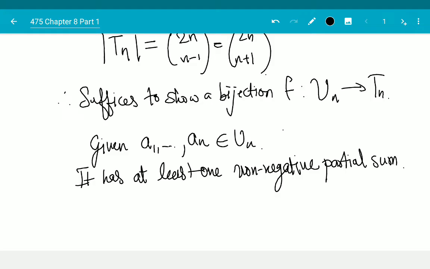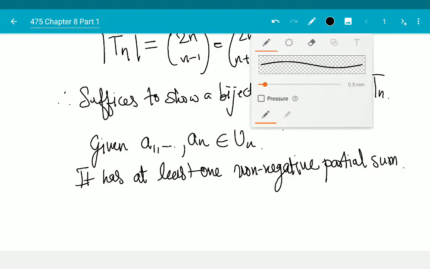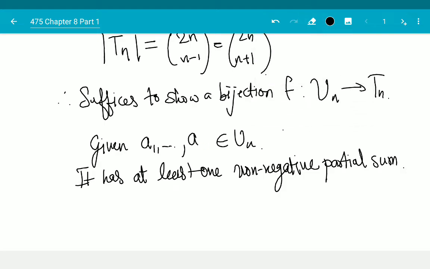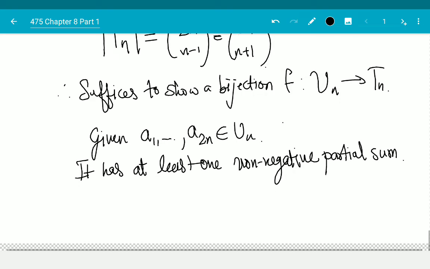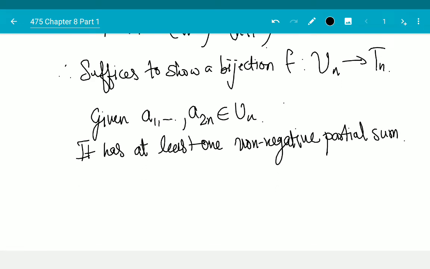And the easy way to see this is S_2n is always 0, right? If I'm taking n positives and n negatives, in the end, I am going to end up with 0.